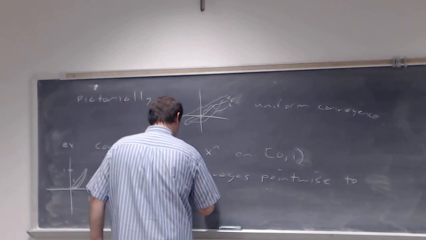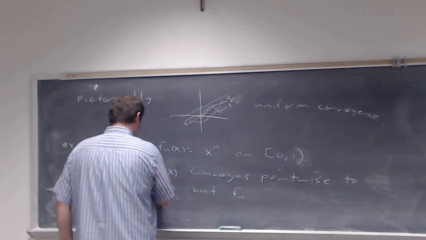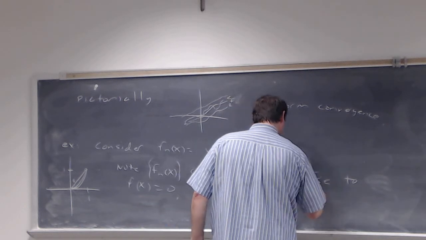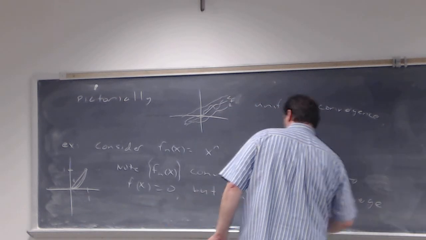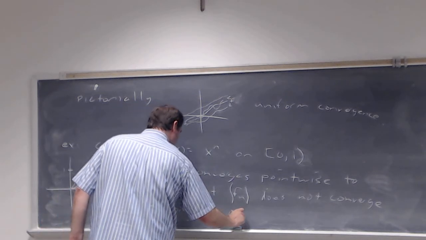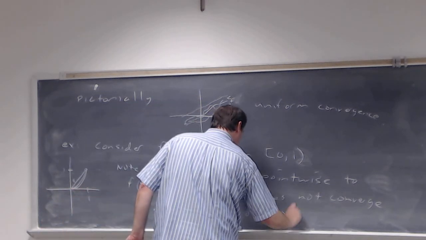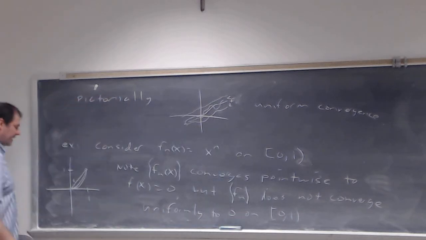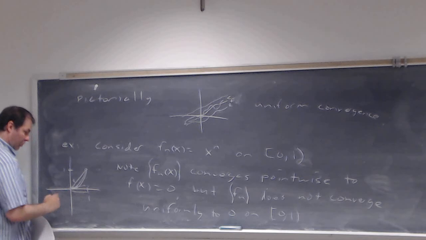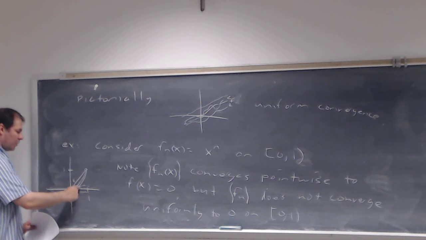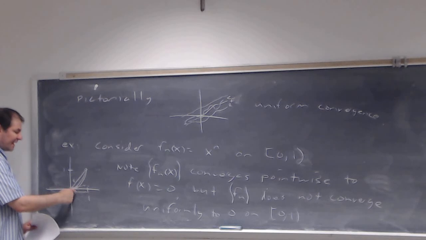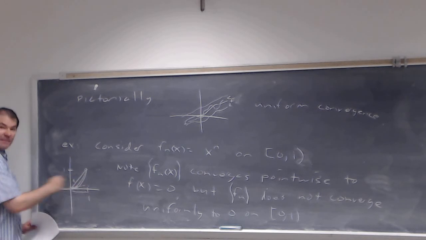But the sequence f sub n does not converge uniformly to 0 on 0 to 1. The reason is, if I put some band epsilon units about 0, in between 0 and 1, the f sub n's are always getting outside this band, and no matter how big an n I take, they eventually get outside this band for some x.